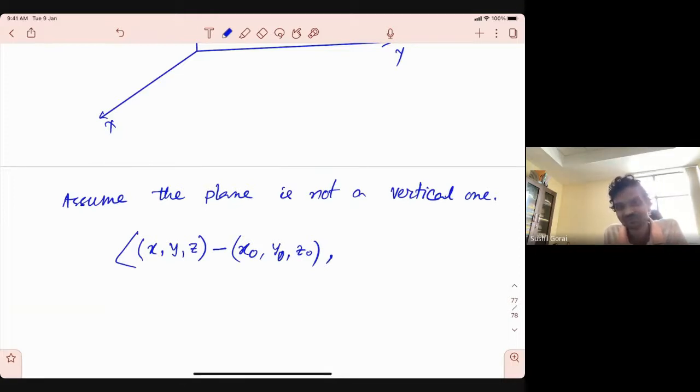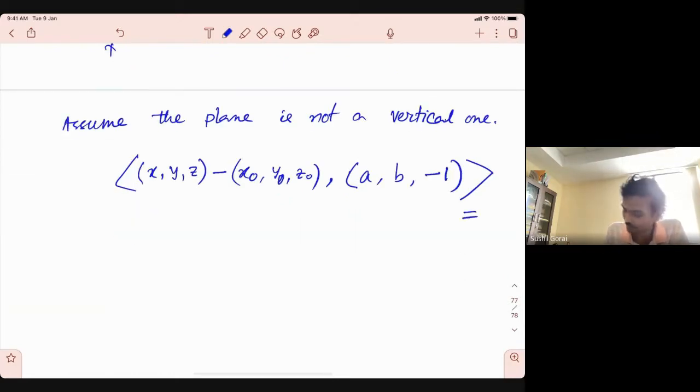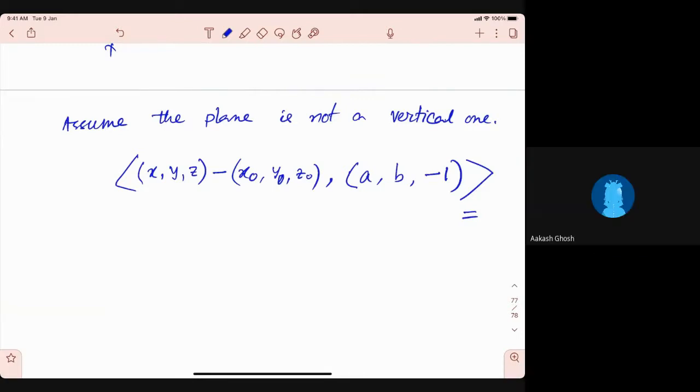So let's look at the vector as a, b, and this one can be taken as a constant. So this I can take as -1. Why I can take -1, think about that. So this is equal to 0, right? Yes, this is 0.